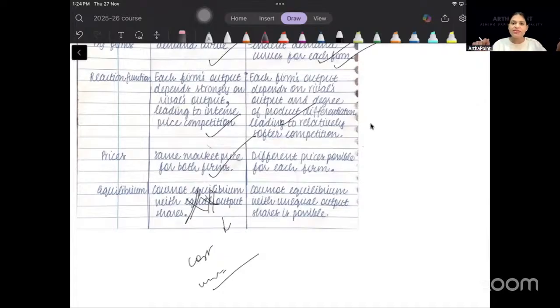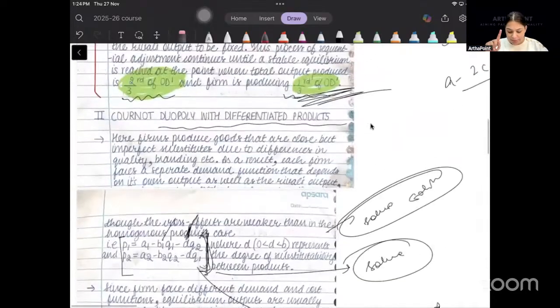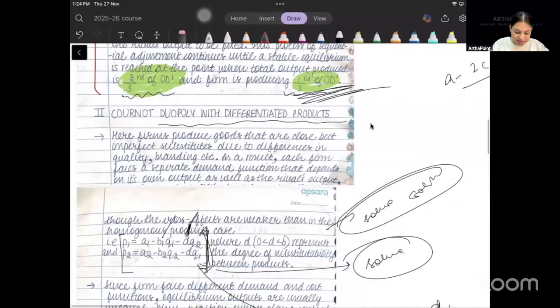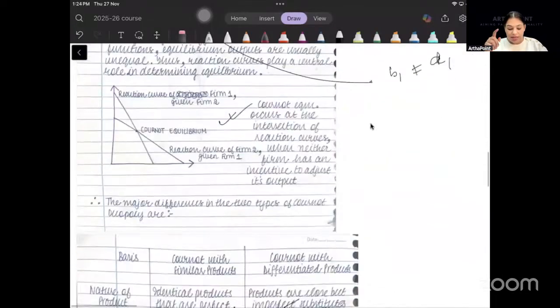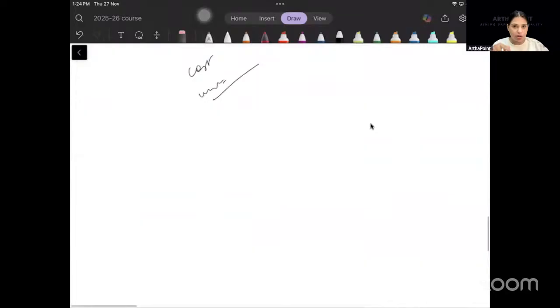Your output will be same only when your marginal cost is also equal. Remember, differentiation is not happening because of cost. Differentiation is happening because of the demand function. So even when firms have the same homogeneous product, you may have different costs.